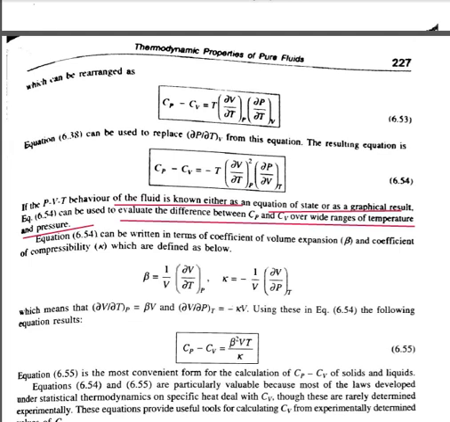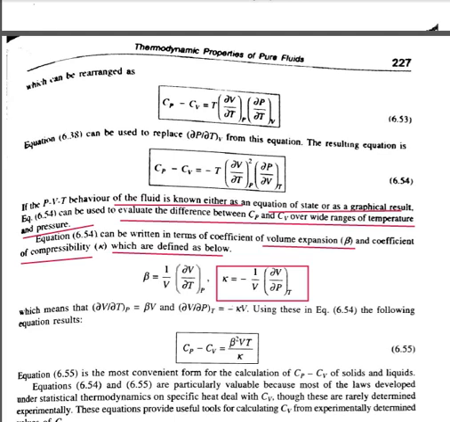Equation 6.54 can be written in terms of coefficient of volume expansion beta and compressibility k. So this can be written as beta is equal to 1 upon V del V by del T at P, and k is equal to minus 1 upon V del V by del P at T. Okay, and here del V by del T at P is considered as beta and del V by del P at T is considered as k.